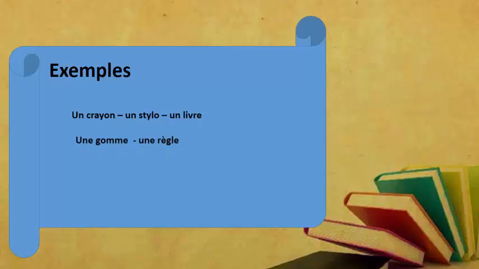Ça va? Une gomme, une règle. Des cahiers, des feutres. Une gomme, féminin. Une règle. Des cahiers, cahiers avec S, plural noun. Alors, c'est clair?